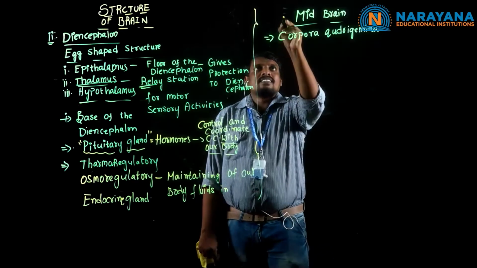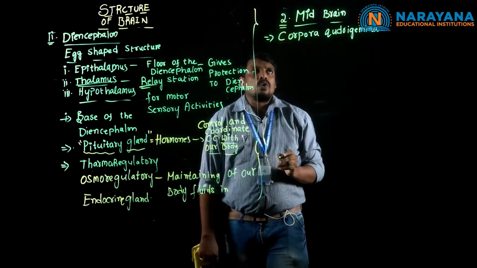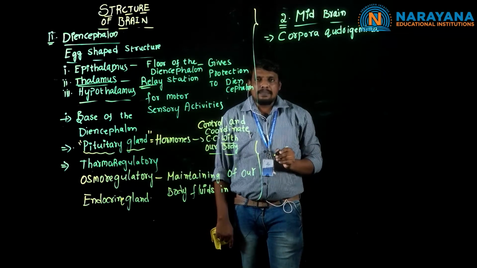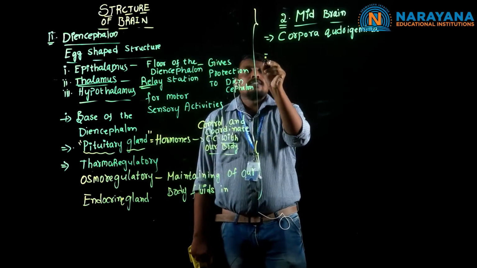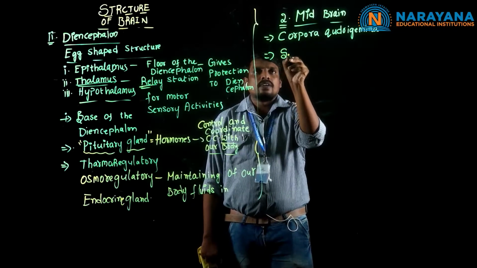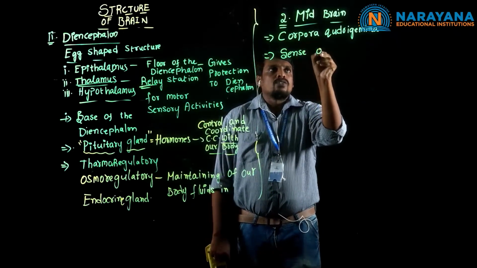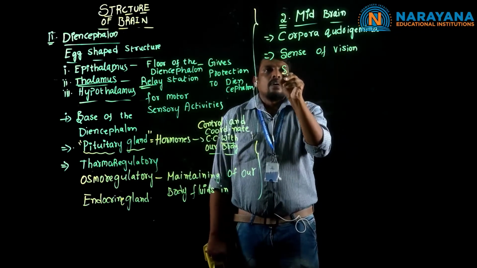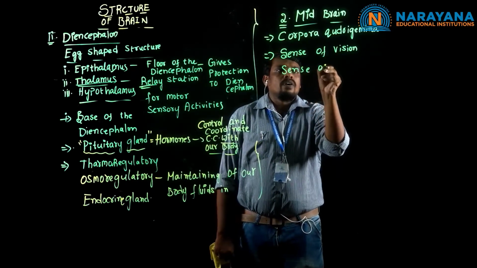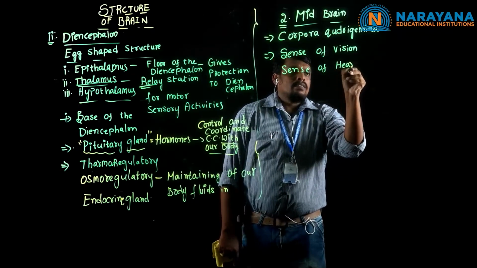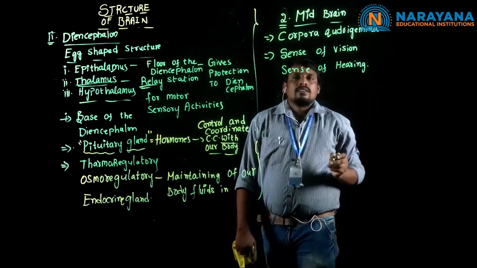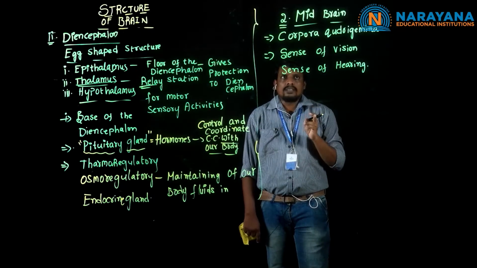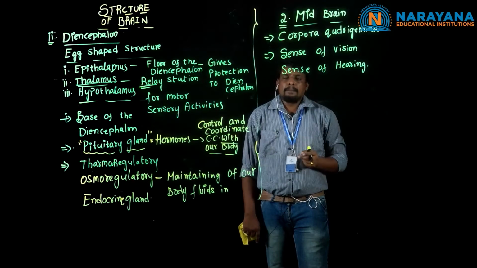The second division of the brain is called the midbrain. That contains corpora quadrigemina. The corpora quadrigemina is responsible for sense of vision and sense of hearing, located in the midbrain.